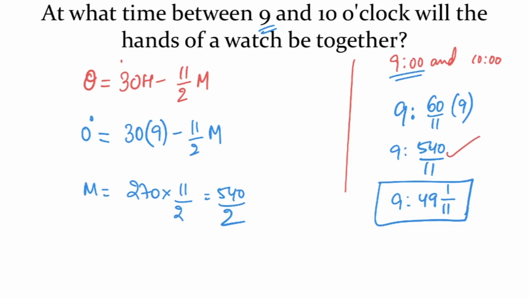We get almost a similar expression. After 9, 540 by 11, 49 1 by 11. So the answer is after 9, exactly at 49 1 by 11 minutes, both the hands coincide. You can use any of the procedures, that is your choice.